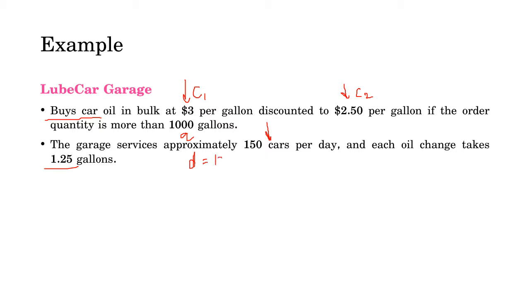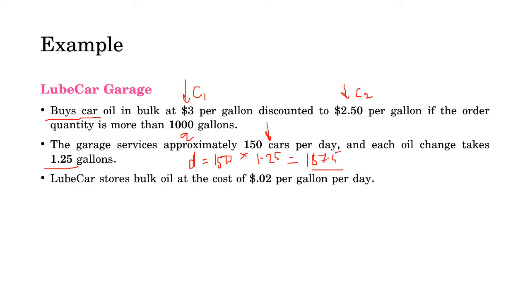That is 150 cars per day times 1.25 gallons, which comes out to be 187.5. So this garage requires 187.5 gallons of oil per day. That's the demand D.